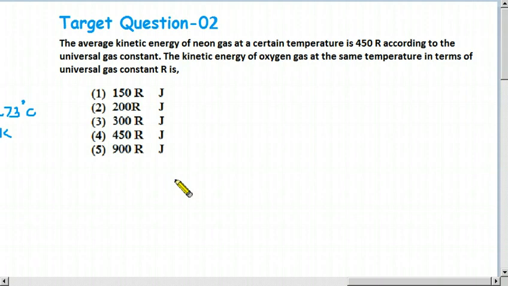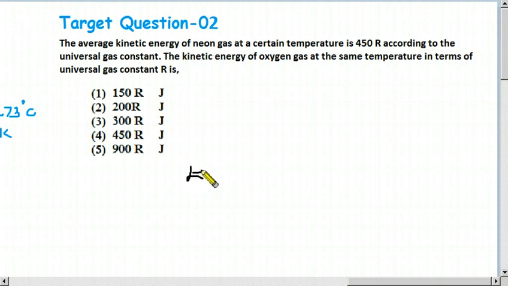The average kinetic energy of neon gas at a certain temperature is 450 R, where R is the universal gas constant. The kinetic energy of oxygen gas at the same temperature, in terms of R, is what?